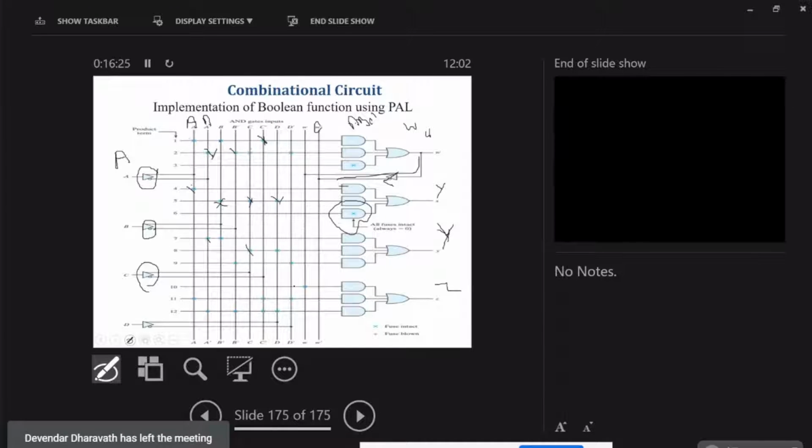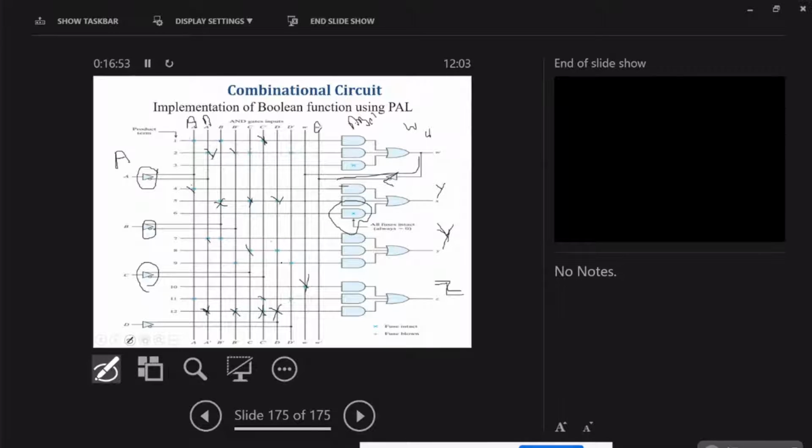So here this will also use W, and the remaining are plus C dash D and A, and plus A dash B dash C dash and D. So this generates Z. Okay.